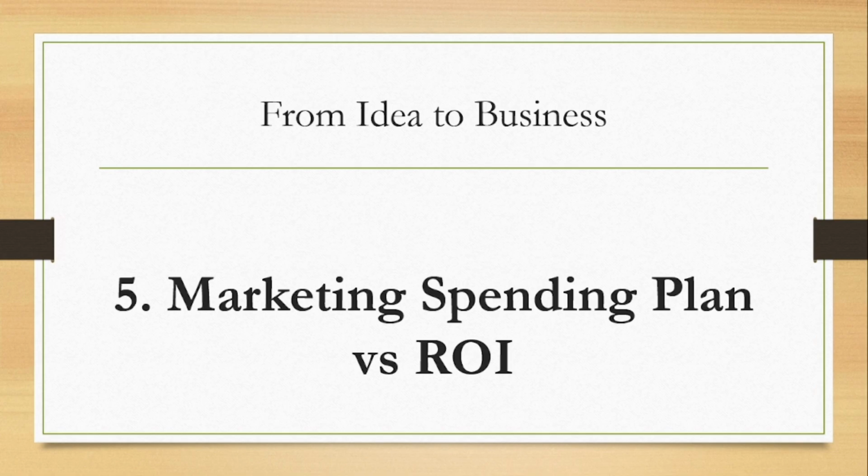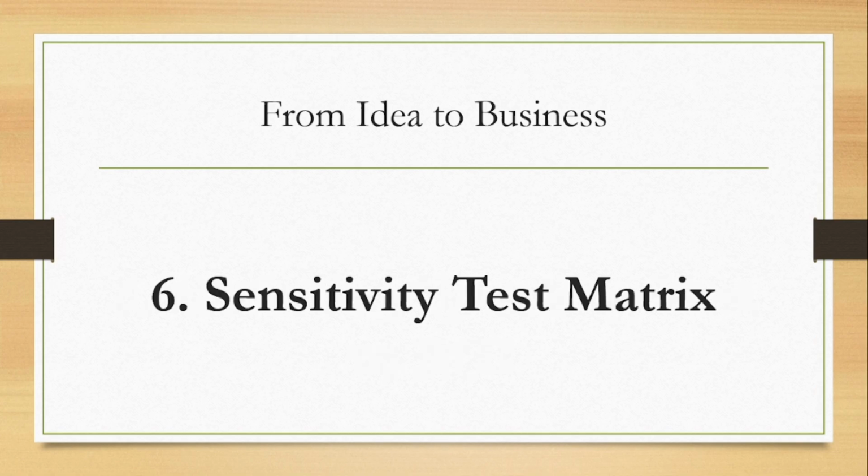Then we're going to look at the sensitivity test matrix of your business. We shall have a quadrant where you can have factors you need to consider, and these are like the edges. So how low or how high you can go. Let me give just an example.